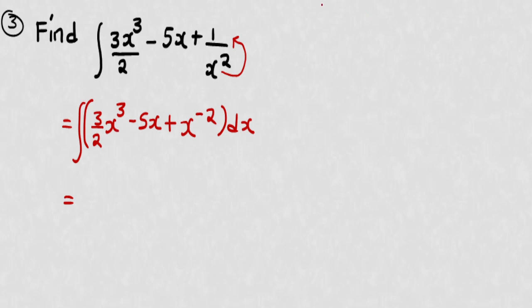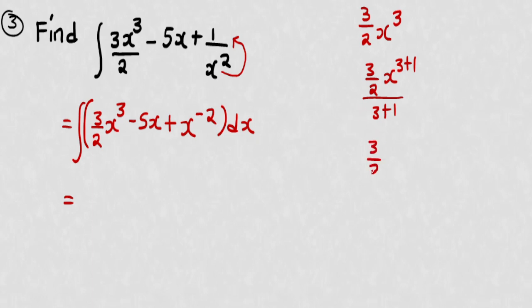So let me do it one by one. The first one is 3 over 2 x to the power 3. So this is going to be 3 over 2 x to the power 3, then plus 1. Then we say everything over 3 plus 1. So you simplify this expression. How are you going to simplify that expression? We have 3 over 2 x, the 3 plus 1 is a 4.